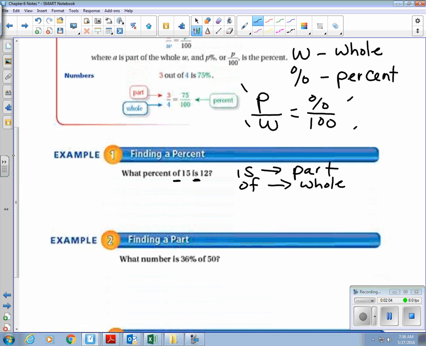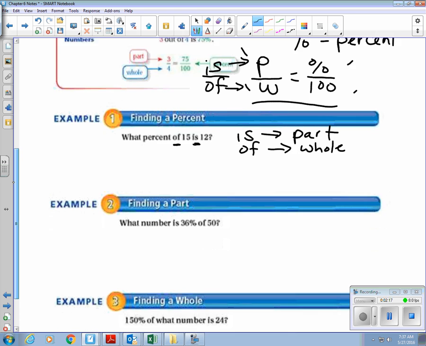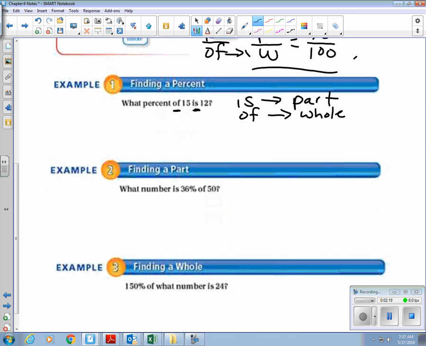If we want to go back up here to this proportion, a lot of times we'll do this. We'll just say is on top and of is on the bottom, because is represents the part and of always represents the whole. So let's go back to this problem again. What percent of 15 is 12? So in the beginning here, they're asking us what percent. So that's what we're trying to find. So if we were to take a look at that proportion, we always had the percent over here.